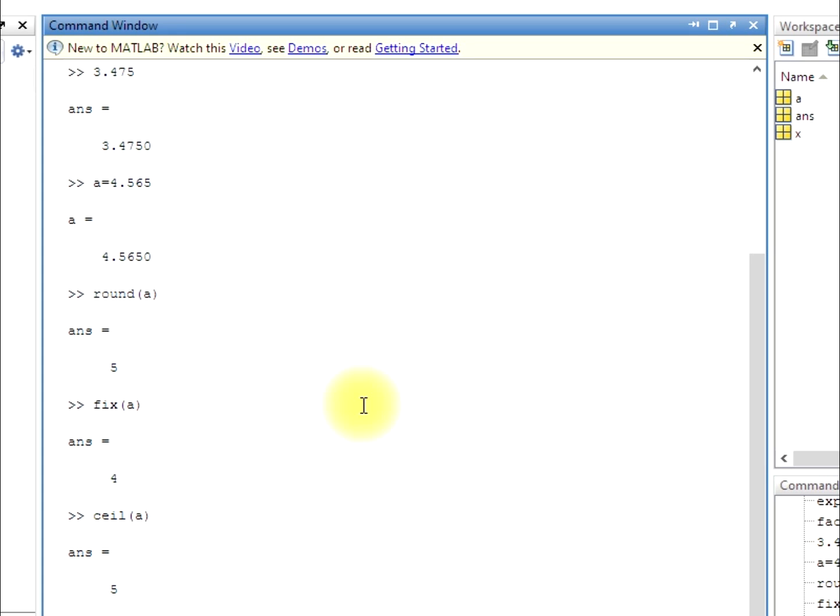The sign command is also used for sign functions. For example, if it's greater than 0 it returns 1, and if it is less than 0, it returns something else, like that. So this is all.